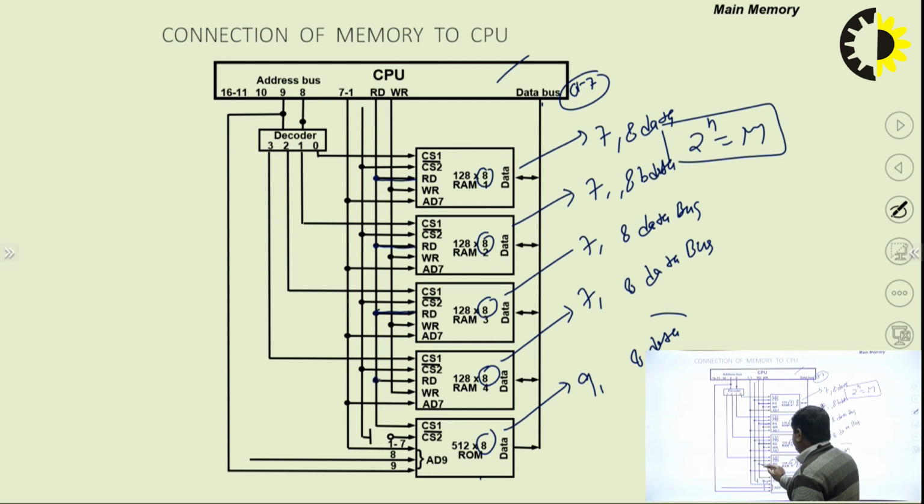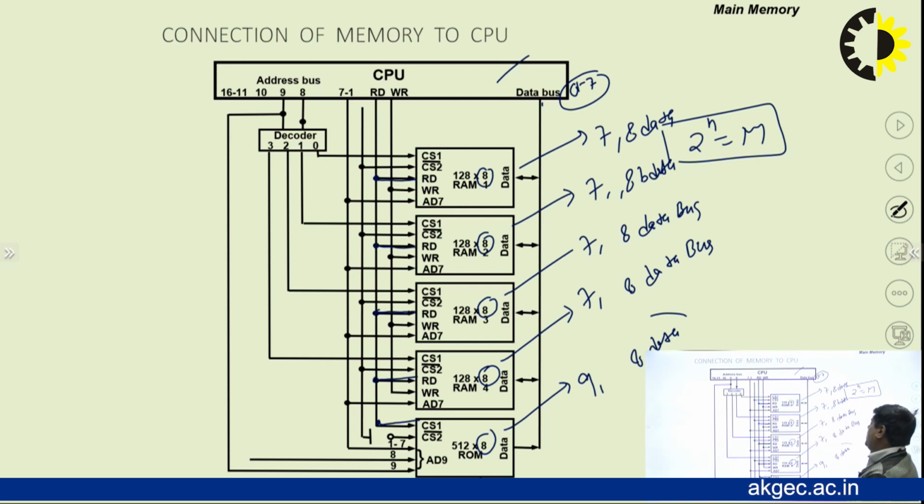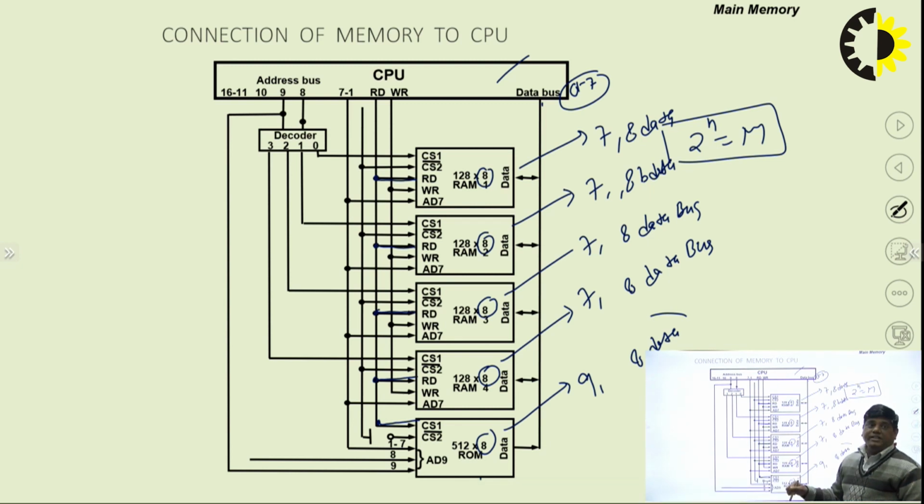Similarly, the read pin of the CPU is connected to chip number 4, and to the ROM chip. That is the point to remember. There is no function of the read operation in the ROM.